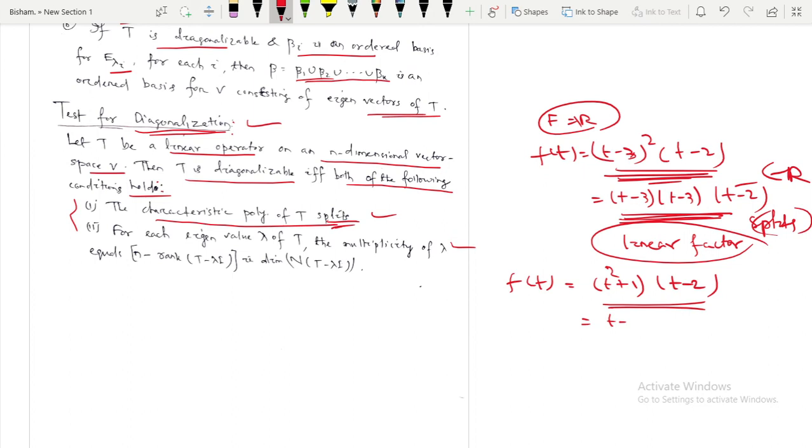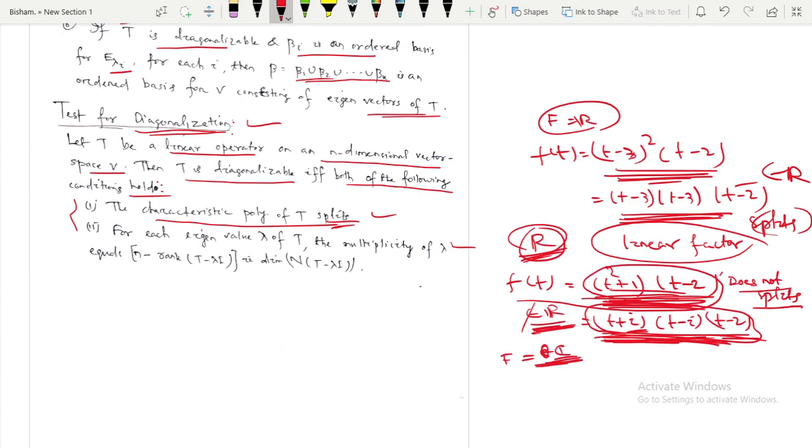If no field is given, that means the field is by default R. So if you get f of t like this, we can say this does not split. That means if the characteristic polynomial of any transformation t does not split, it is not diagonalizable. If it splits, that is one property of diagonalizability: the characteristic polynomial of t splits.